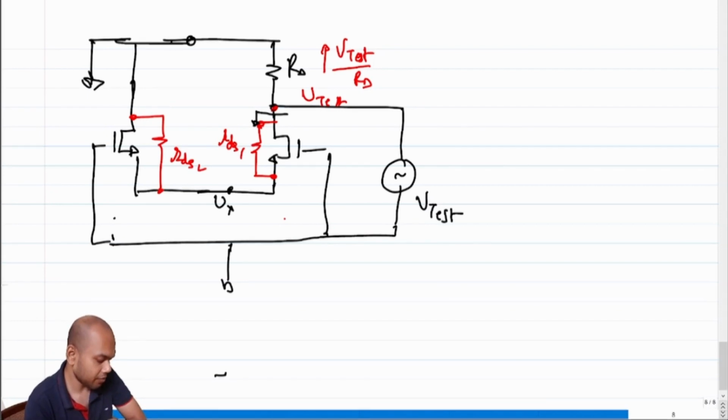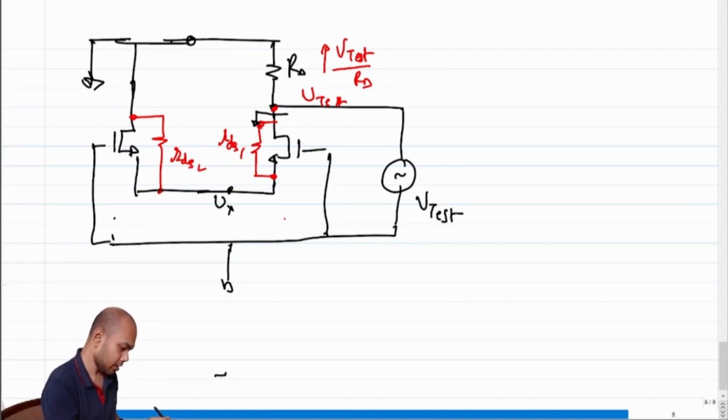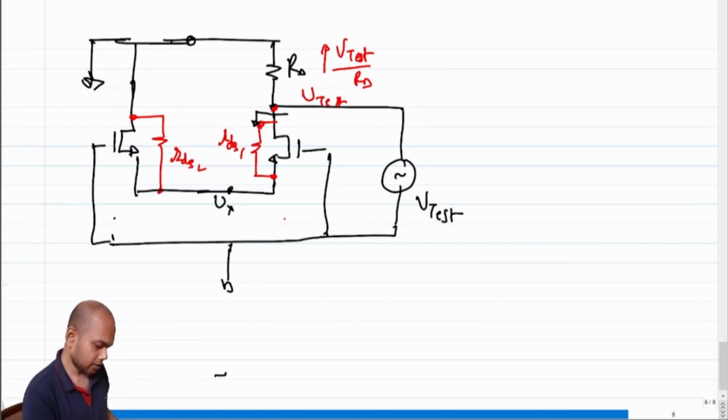So when I say that, what do I essentially mean? If I only look at this structure, what should I see? I should see this.